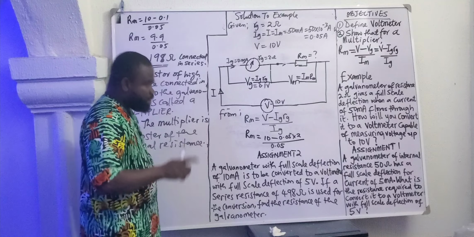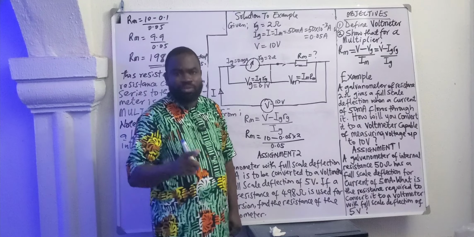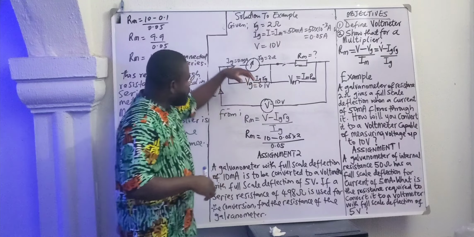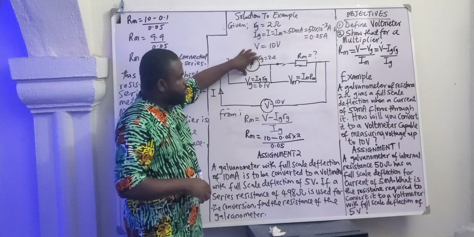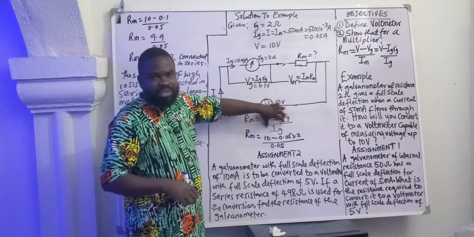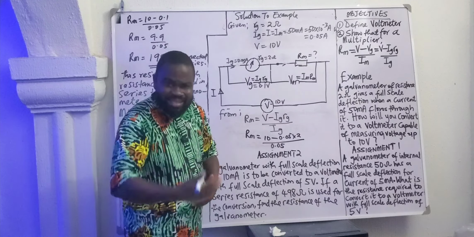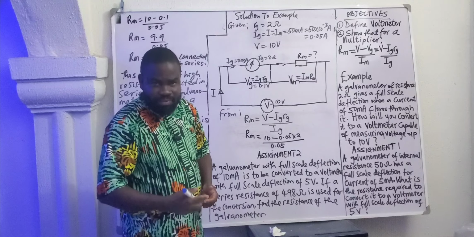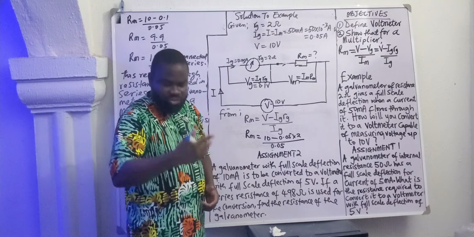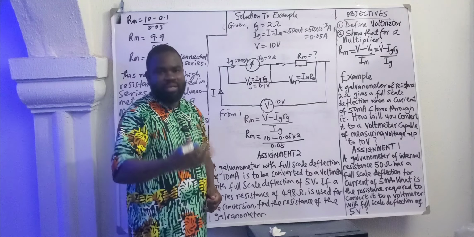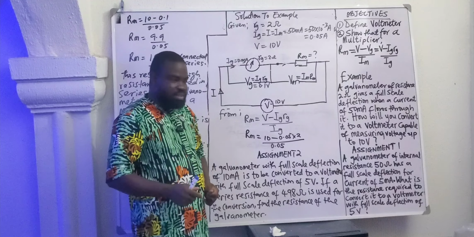That's one. Then another point you need to take note of is that converting a galvanometer into a voltmeter is all about increasing the voltage rating, increasing the voltage range of an instrument. What am I saying?